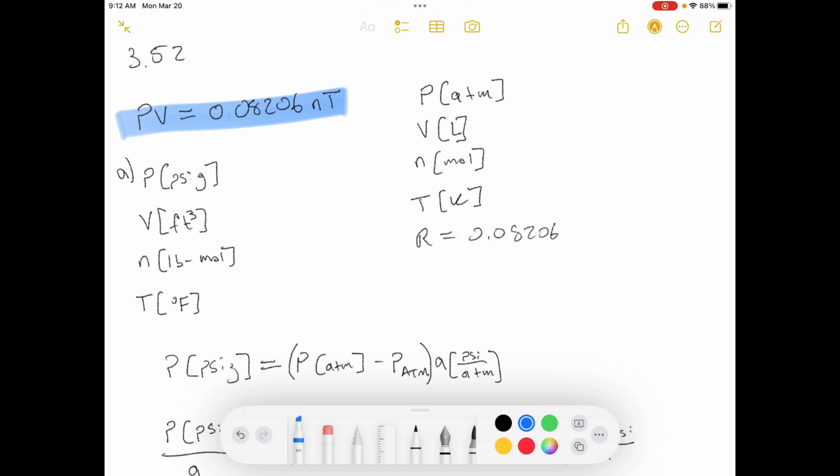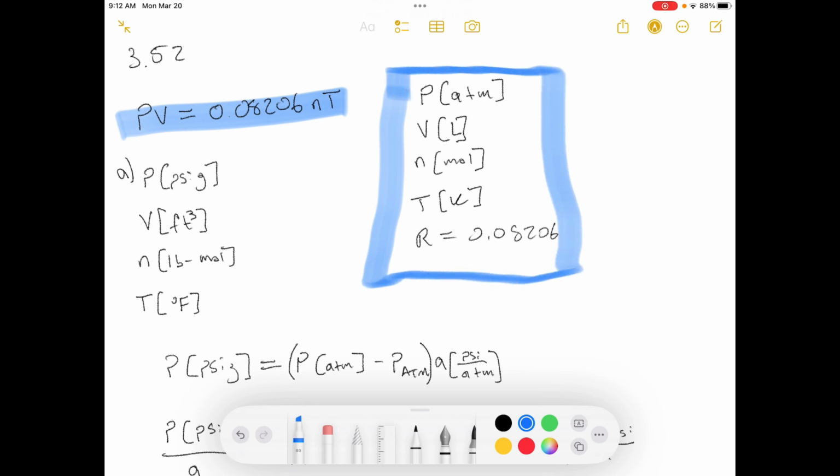Convert the equation to one relating P in psi gauge, V in feet cubed, n in pound moles, and T in degrees Fahrenheit. Okay, so the equation they gave us is in these units, and Part A says we need to convert it into these units.